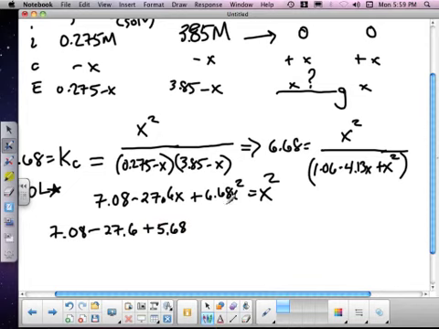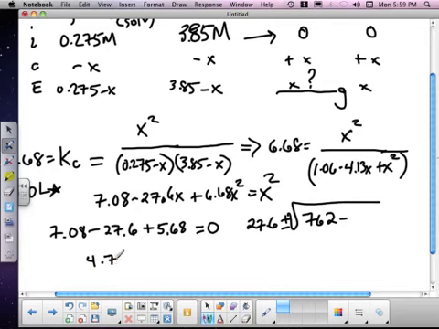Opposite of B, 27.6 plus or minus the square root of B squared, which is 27.6 squared, which is 762, minus 4AC, so 4 times 7.08 times 5.68, and that comes out to 161, all over 2A, 2 times 5.68, 11.4.